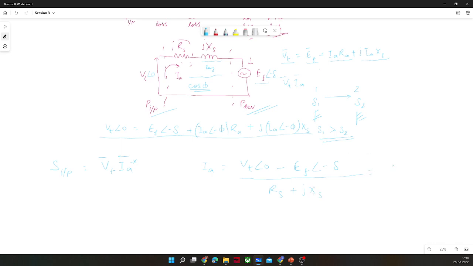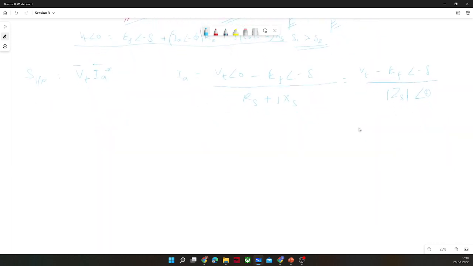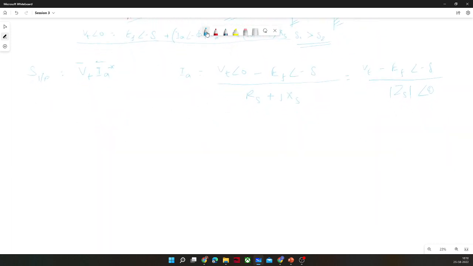Or we can write it as Vt minus Ef angle minus delta divided by mod Zs angle theta. Perfect. Now we will try to model it in terms of Vt and Ia. Since Vt will always be given, Ia we have to convert in terms of Ef or Vt. And Ia conjugate, I can write.